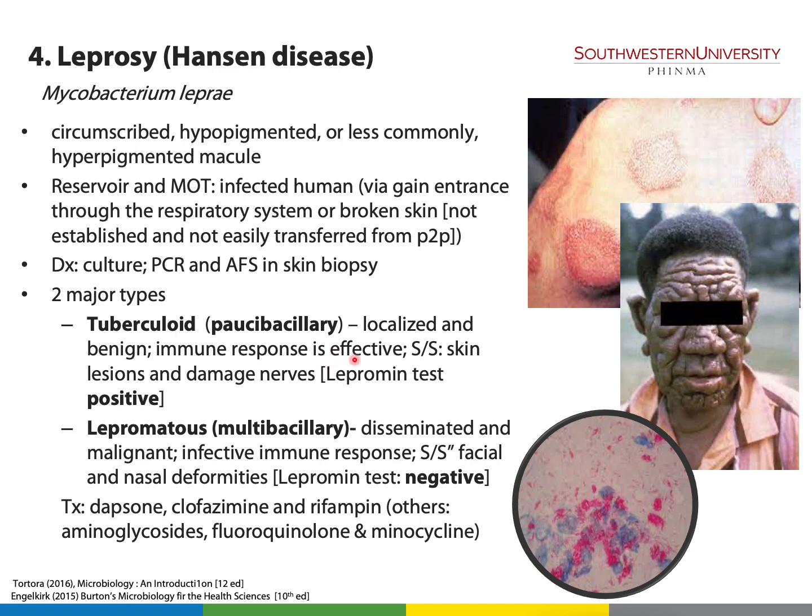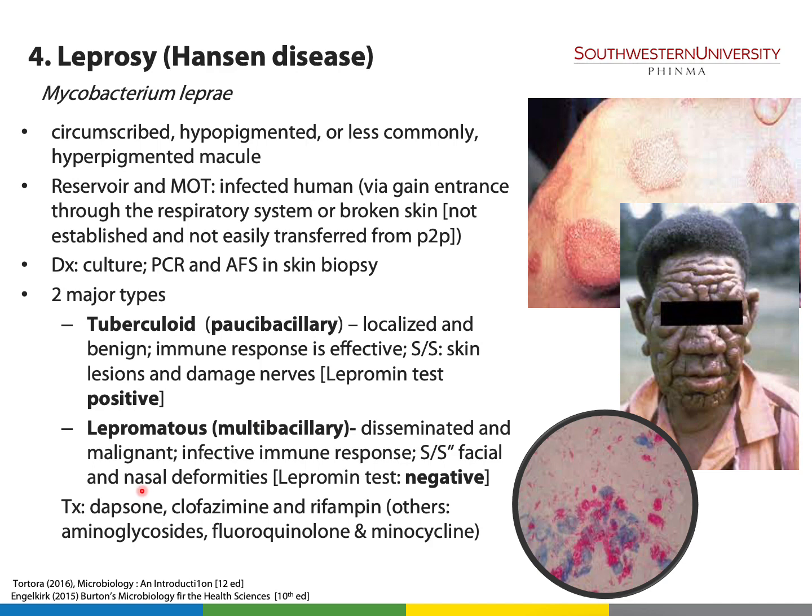Common signs and symptoms are skin lesions and nerve damage. By the way, paucibacillary patients are those who are skin smear negative and show no evidence of more advanced disease on a biopsy.